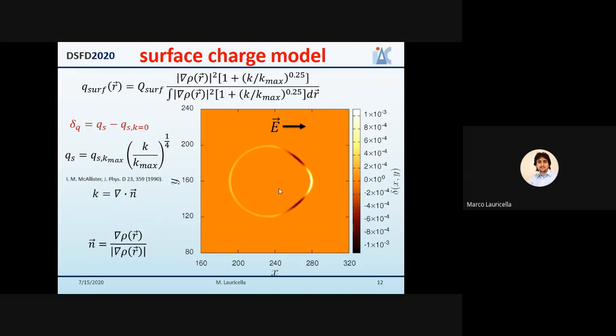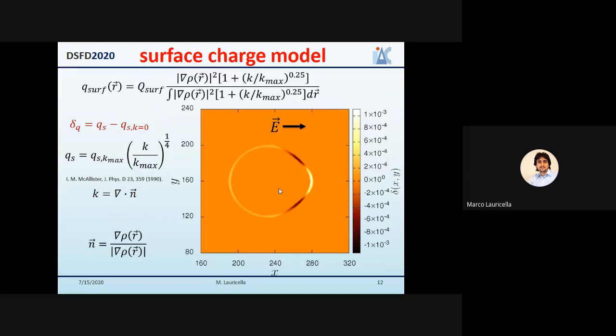In particular, since the fluid is behaving as a poor conductor, we can assume that the largest part of the charge will be lying on the interface of the droplet, and indeed we add the charge by using a functional form of the gradient of the density. Here we are exploiting the gradient of the density just to localize the position of the droplet interface.